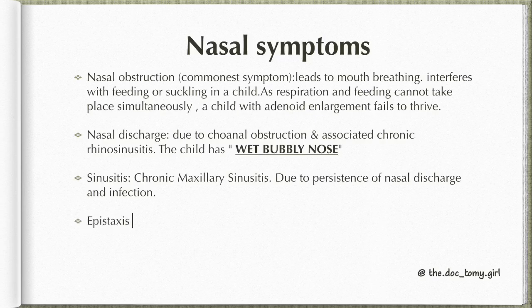Next symptom is epistaxis. It happens when adenoids are acutely inflamed and we do nose blowing along with it. So epistaxis, that is bleeding from the nose, may occur in such cases.